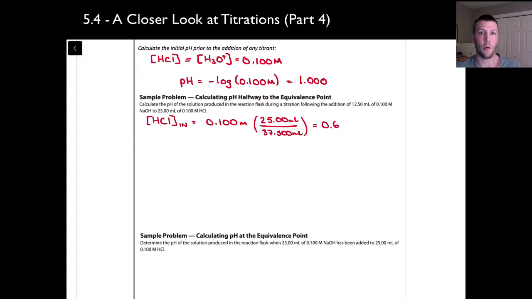So I'm going to take 0.100 molar and multiply it by 25 mL over the total volume now of 37.5 mL. That gives me an initial concentration of hydrochloric acid of 0.0667 molar. I'm going to go ahead and do the same thing for sodium hydroxide.